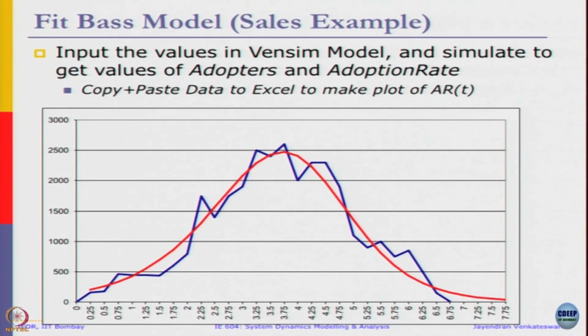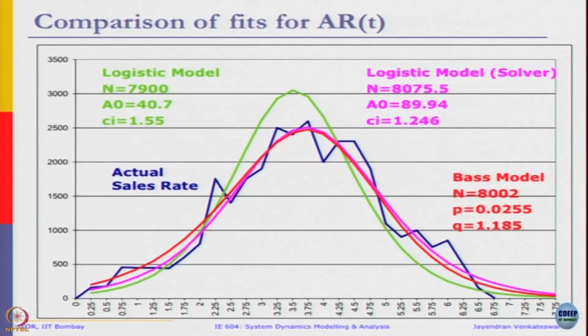Now to summarize this full sales example, let us look at a comparison of all the fits that we have got for the adoption rate. First, the blue line represents the actual sales data, the ragged line.